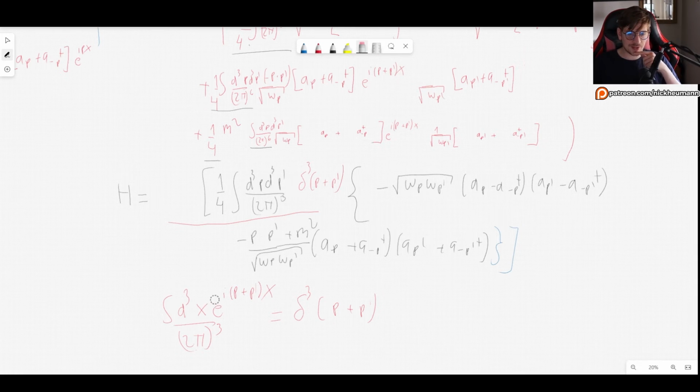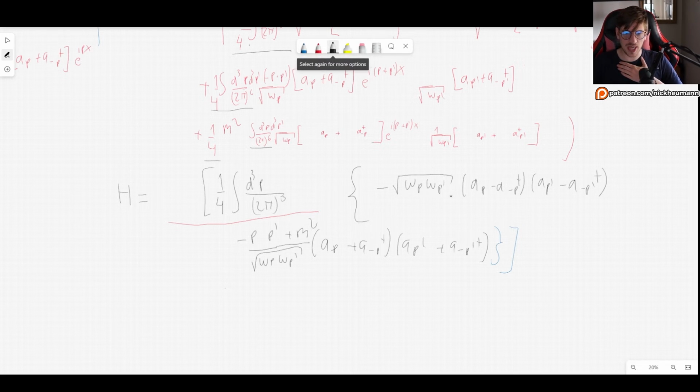Now, what is the effect of the Dirac delta? Well, what it does is it kills the integral of d^3p', because now we can't sum over every single value of p'. We can only take the value where p' is minus p. So let's now plug in that value. So every p' we will now replace by minus p. So this is minus p, and this here is minus p, and this minus p', that's now going to be plus p, right, minus minus.